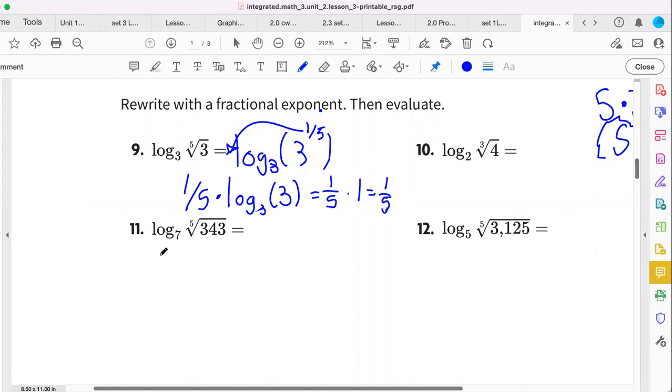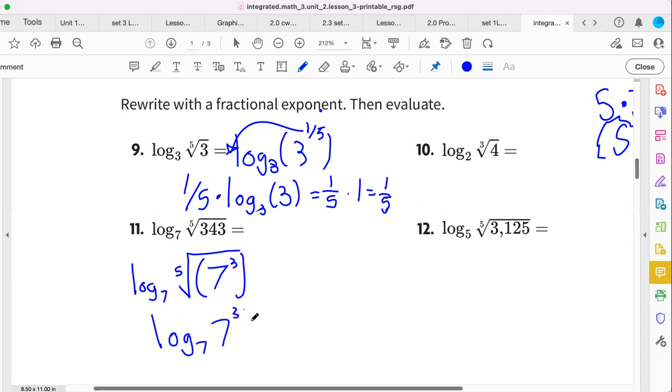Here, you can say that this is really going to be 343. And that's an alter ego to just 7 to the 3rd power. And you're taking the 5th root of that with log base 7. So this you can rewrite. It's totally safe. You can do this. Trust me. You can rewrite this as your argument now of 7 to the 3/5 power.